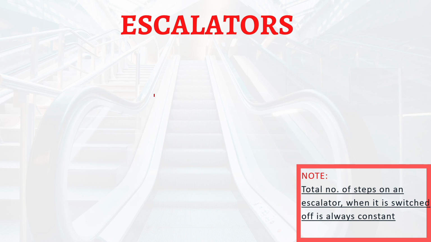Let's see how. Let's say you are on this escalator, right? The escalator is moving in this direction, so you are also moving in this direction. Now, when we compare the speed of the escalator as well as your speed, as you are moving in the same direction, what is the relative speed?